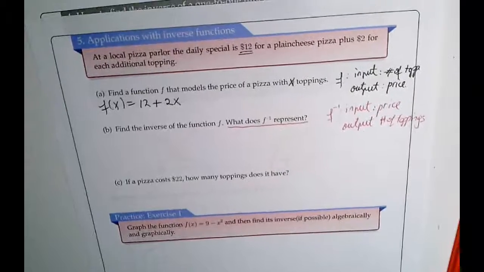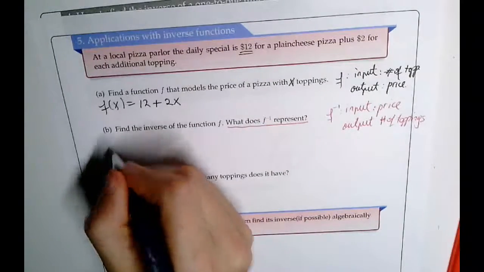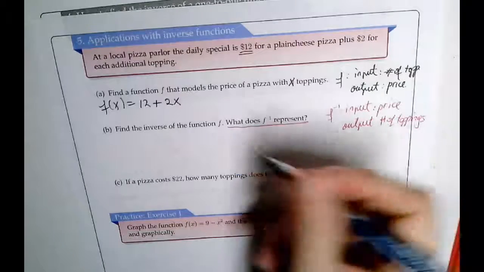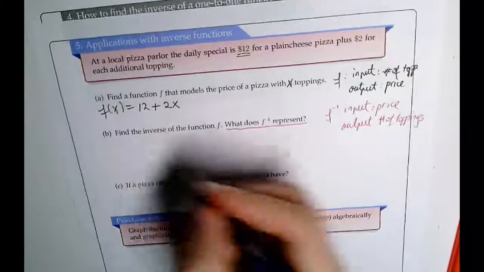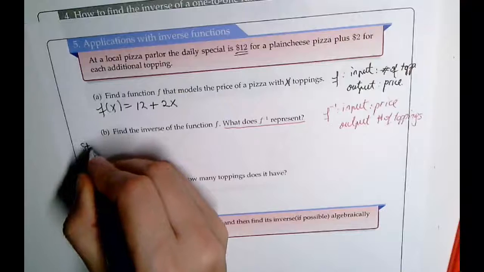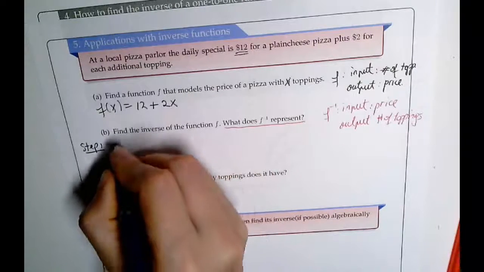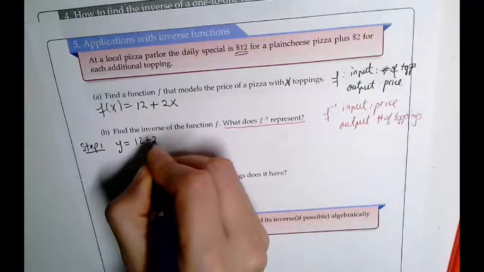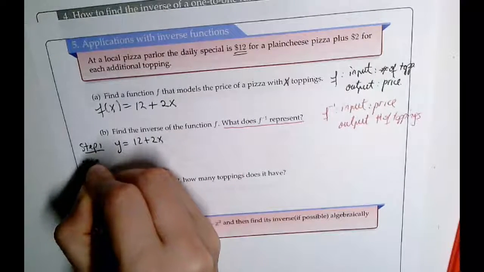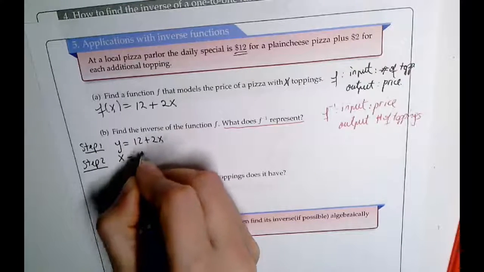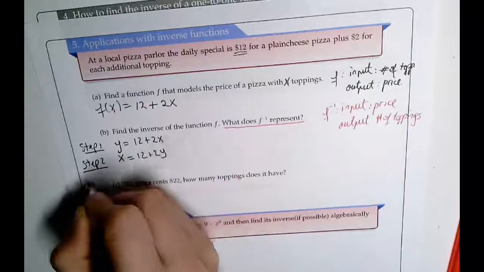So we can find the inverse, f inverse of x. Let's do the steps. So step 1, instead of f of x equals 12 plus 2x, I'm going to write it as y equals 12 plus 2x. Step 2, switch the x and y. So instead of y, I'm going to put x, and instead of x, I'm going to put y.